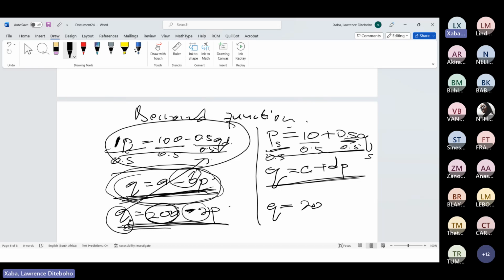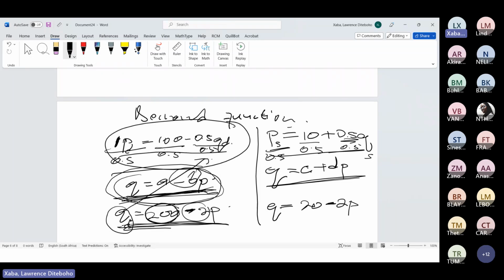We have our P, then it becomes negative. Let's see. We have 2P there. Where's P? Here's P is positive.